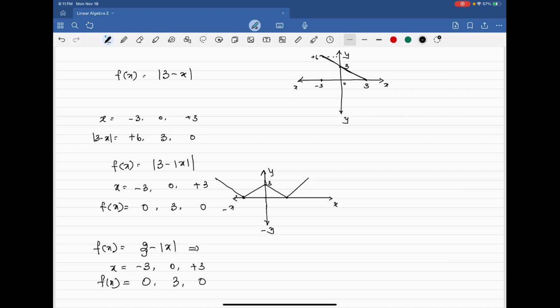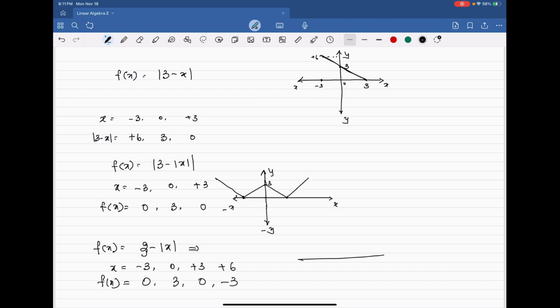Then when x is equal to plus 6, what happens? It will be 3 minus 6, equal to minus 3. Because the whole value is not absolute, f(x) can take negative values also.